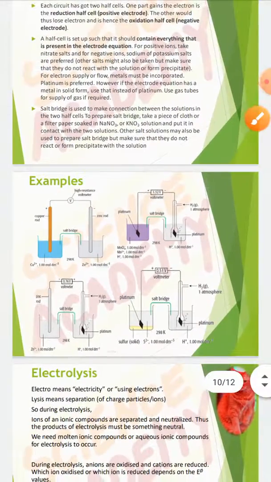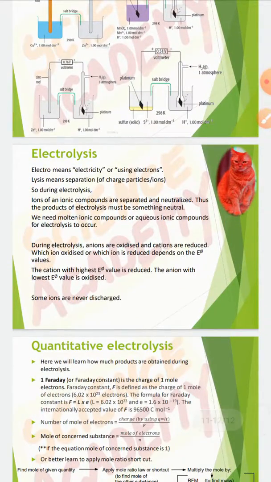Now, that's the end of the part on electrochemical cells. Now let's go to electrolysis. You have already studied from your O levels that during electrolysis the charged particles get neutralized.